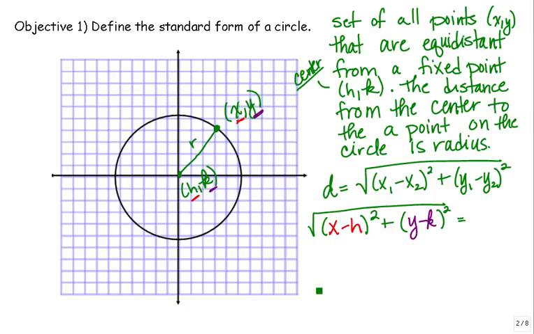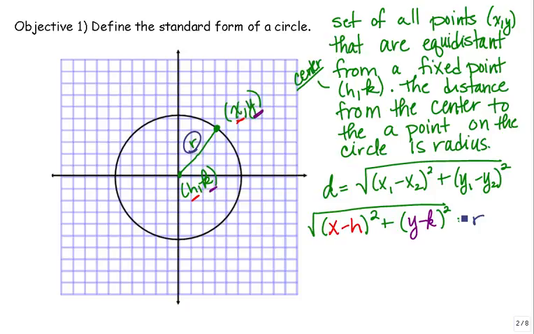And that's equal to what? Well, the distance, which is r. Okay, so all I did in that case was plug in a point on the circle and the distance from the center and the radius being r. Plug that into the distance formula and I get this.